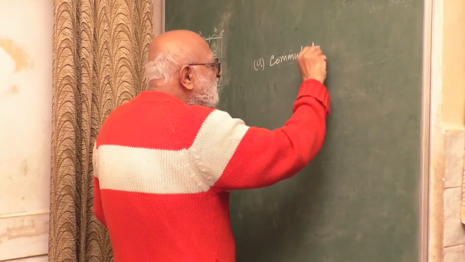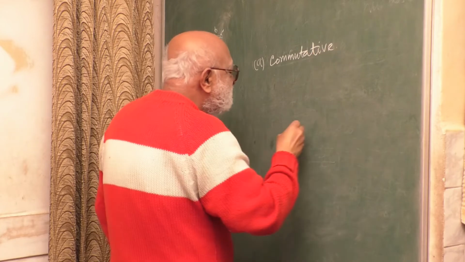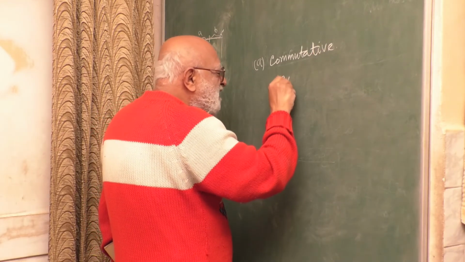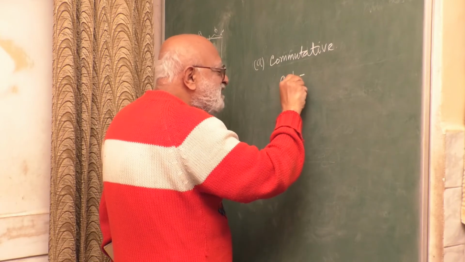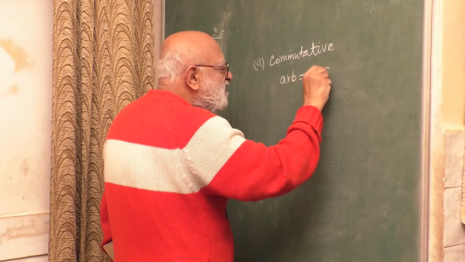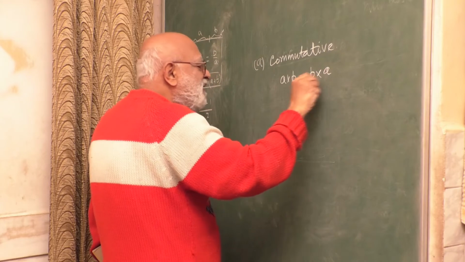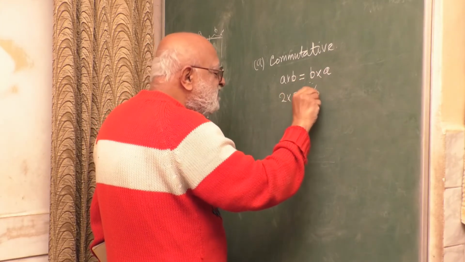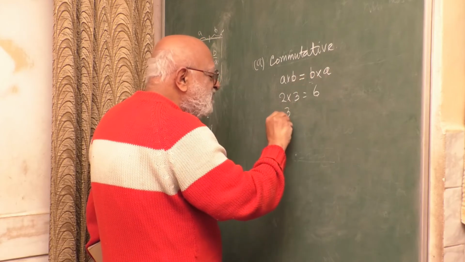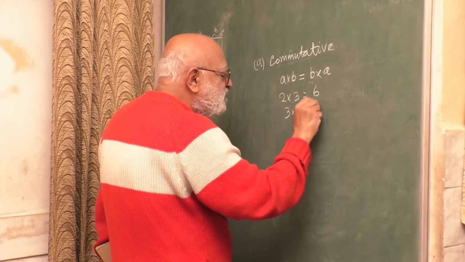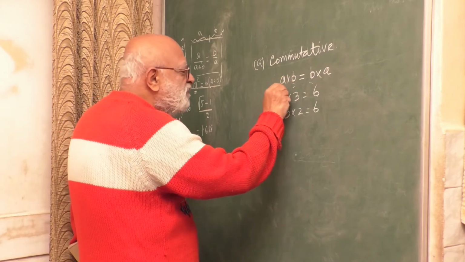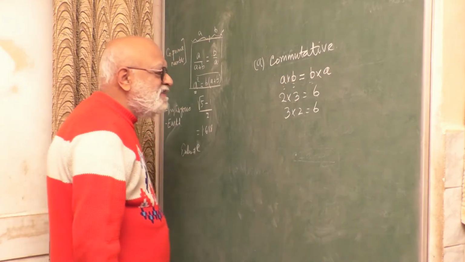Commutative. A into B is same as B into A. Doesn't matter, changing. Let us say 2 into 3, that is equal to 6. Then 3 into 2, that is also 6.